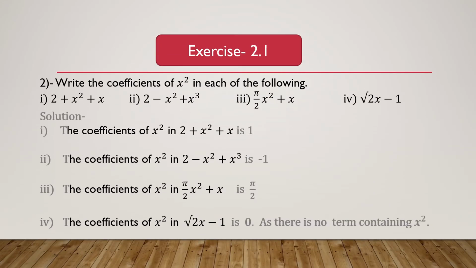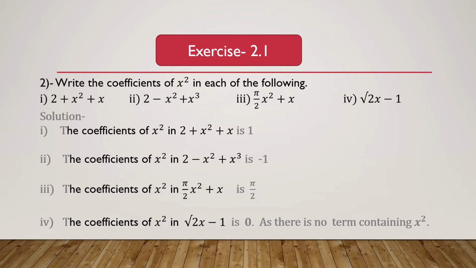Now we will solve question number 2. Question number 2 is: write the coefficients of x square in each of the following. And the coefficient is the numerical part, that is the number associated with the term. Here the first one is 2 plus x square plus x.